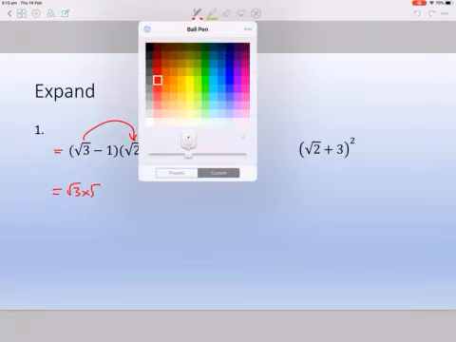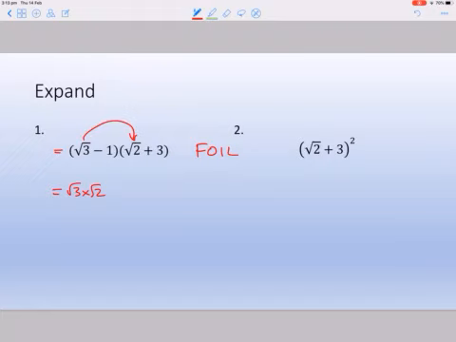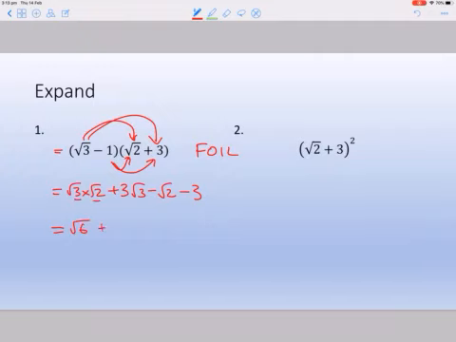There, that's root 2. They do outers. So that's going to be 3 root 3. Inners, negative root 2. And then last, which would be minus 3. Now I can manipulate this if I want to: root 6, because it's root 3 times root 2, plus 3 root 3, minus root 2 minus 3.